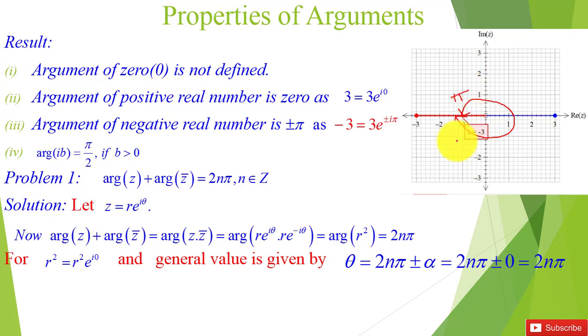This angle is pi and this angle is minus pi. Therefore, argument of negative real number is plus minus pi. This anti-clockwise angle is pi and this clockwise angle is minus pi. Therefore, its argument is plus minus pi.